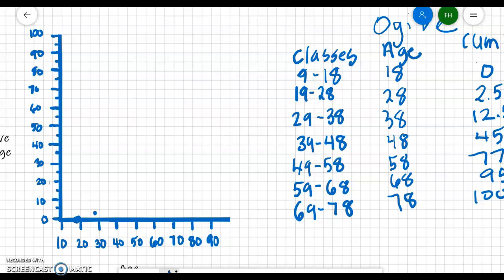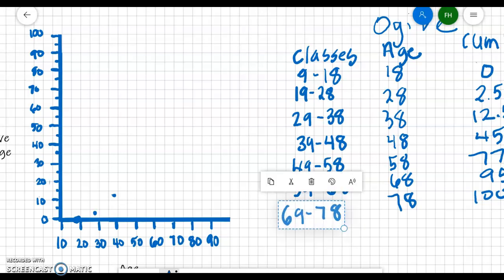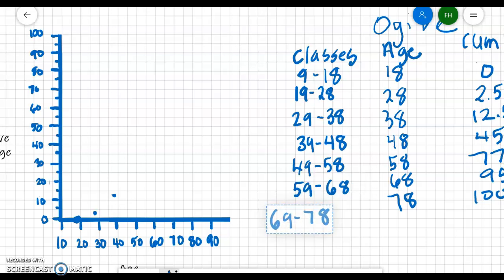Then we have 38, 12.5, so almost to 40, and then go up past 10, and halfway between 10 and 15 would be about 12.5, and you could even round it to 13 if that will help you. The next one is 48, and we need to go to 45, so age 48, and then go up to 45, which would be right here.